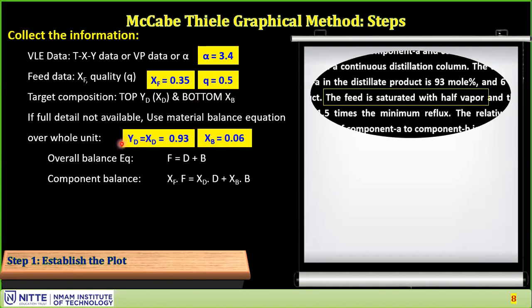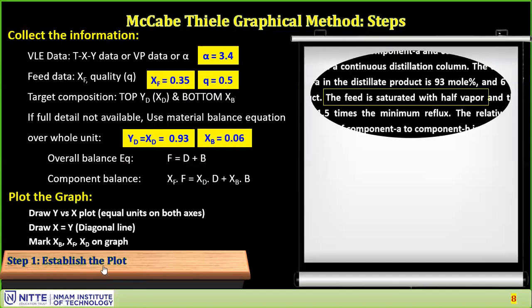If the total quantity is not available, you can take a basis of 100 kilomole per hour for the feed flow rate and calculate the rest. Basically we require three concentrations, XF, XD and XB. You have to evaluate these before you start analyzing the problem.